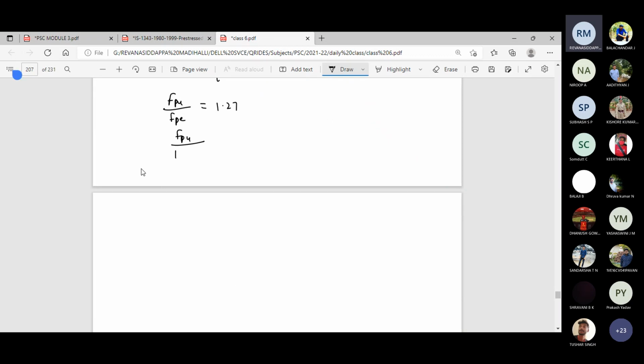That is, FPU divided by 1200 is equal to 1.27. Therefore, FPU is equal to 1524 Newton per mm square.